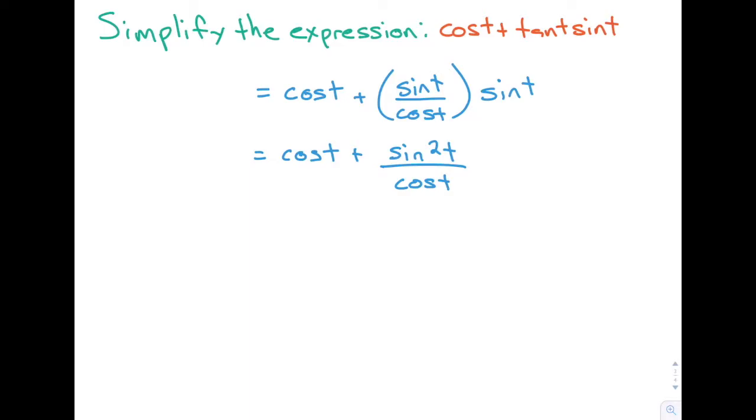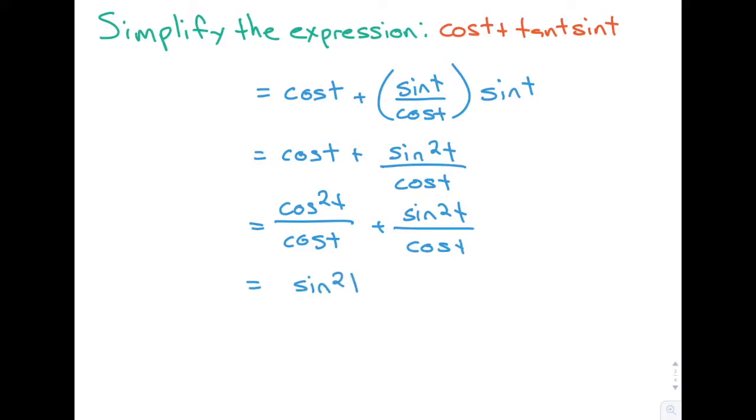And now let's combine like terms, but first we need to multiply cosine t by cosine t over cosine t, in other words 1. So we have cosine squared t over cosine t plus sine squared t over cosine t. And then we see that when we combine these, we have sine squared t plus cosine squared t over cosine t.